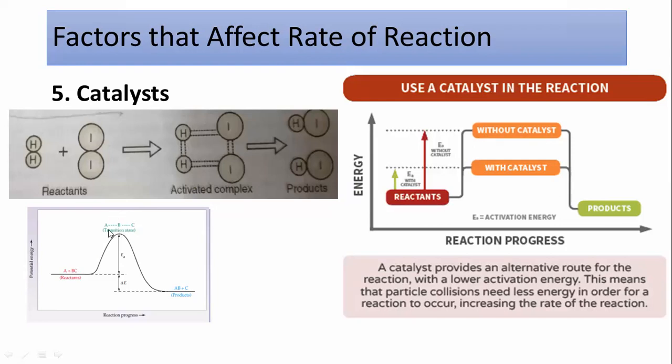Now if the bond between A and B becomes permanent and the other is weakened, then the product is formed, and this is called AB. You can see this is the new molecule AB, and C is another new molecule, and these are called the products.